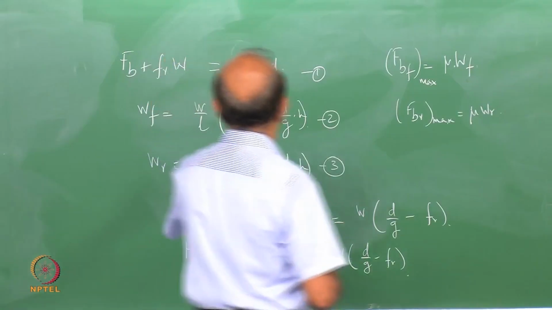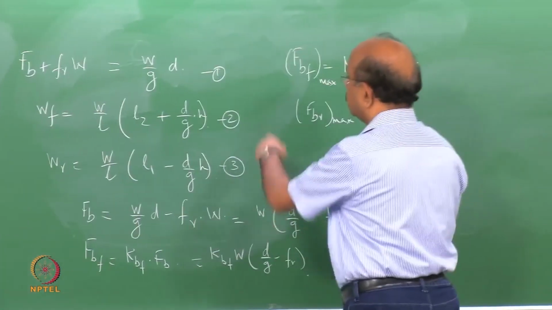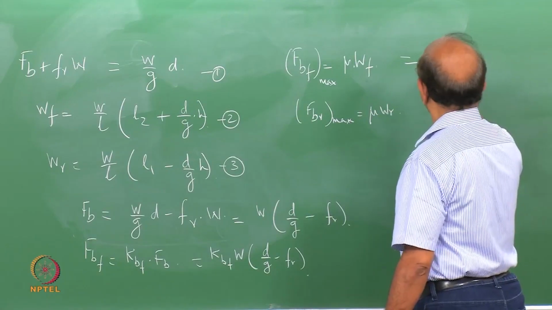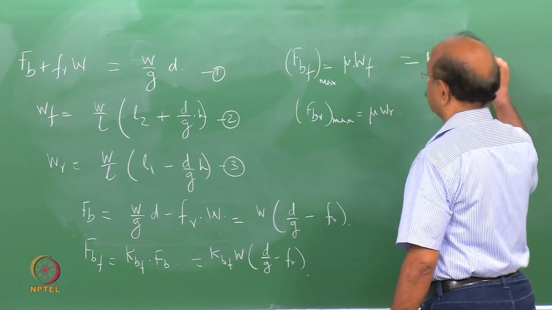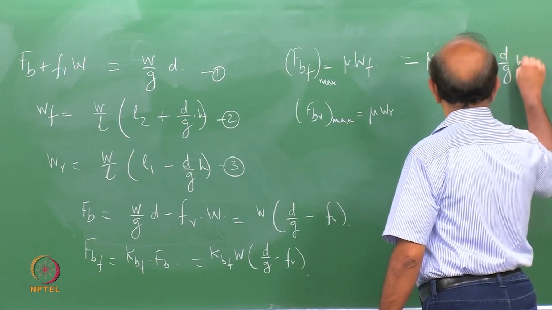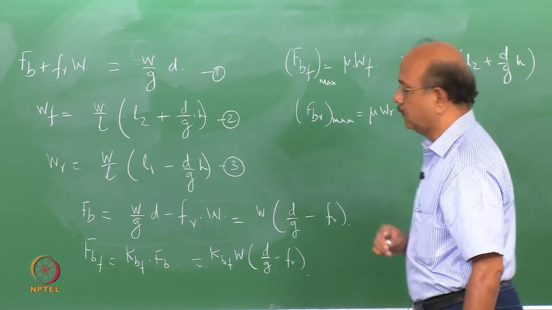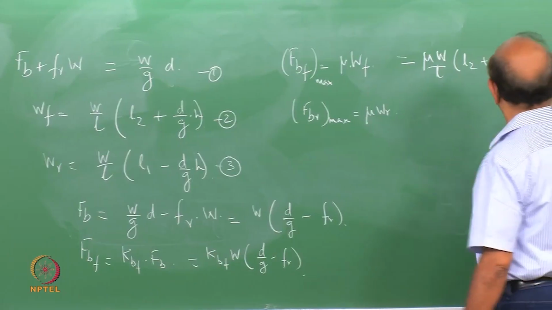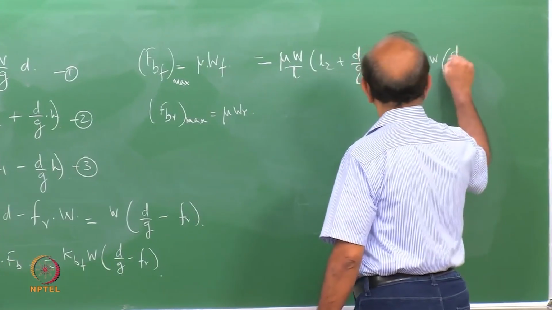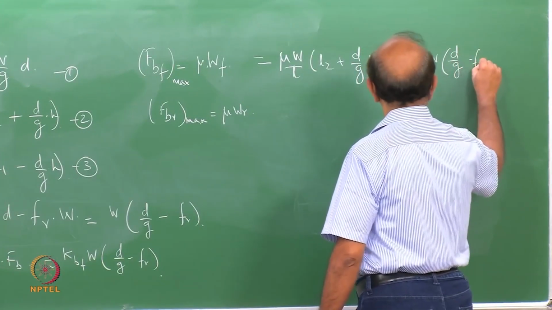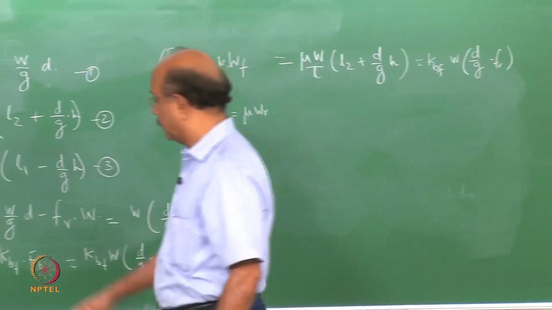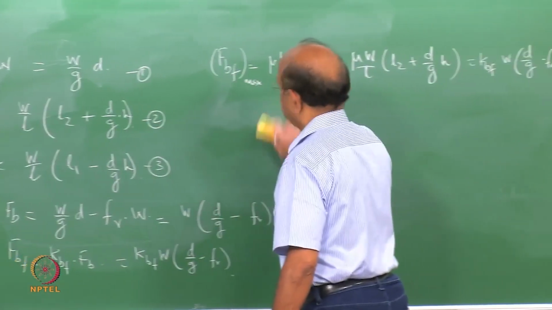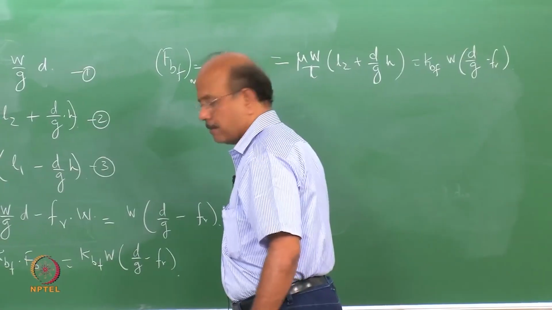So substituting from equation 2, I can write this as mu W by L, L2 plus d by g into h, that's equal to KBF W d by g minus Fr. Okay, for a moment let's remove that. Let's only look at this first.